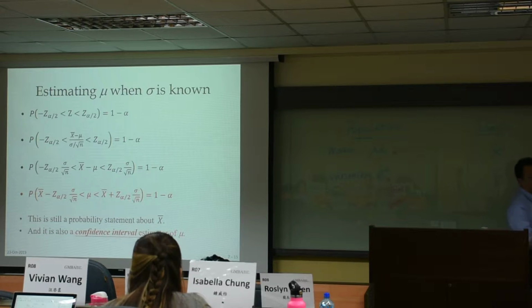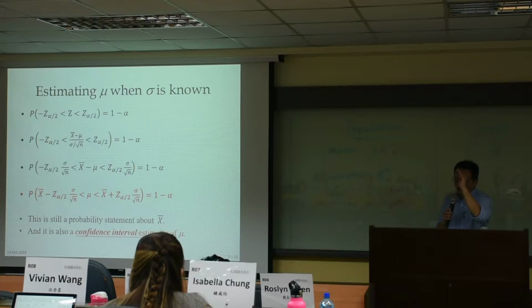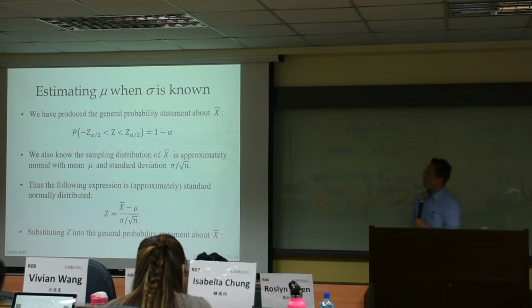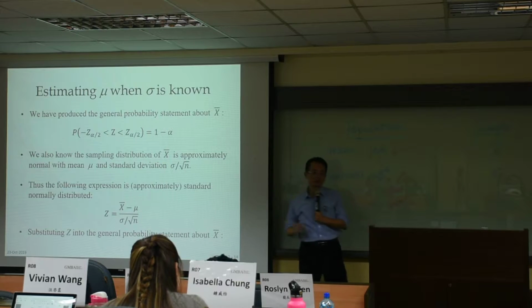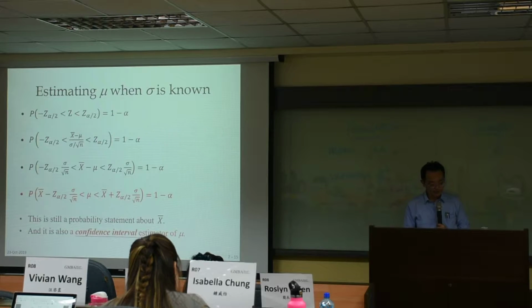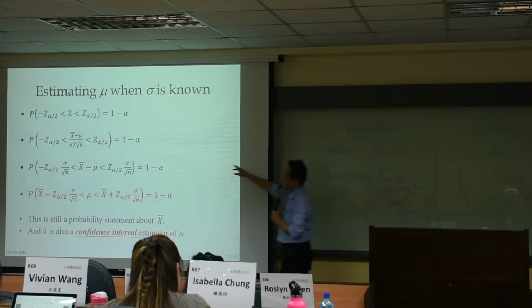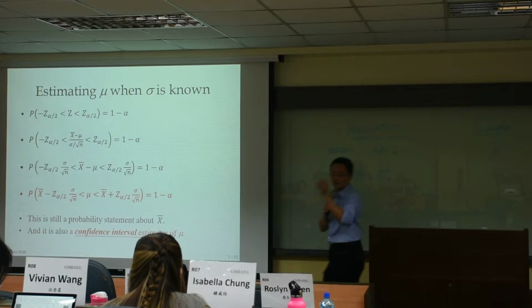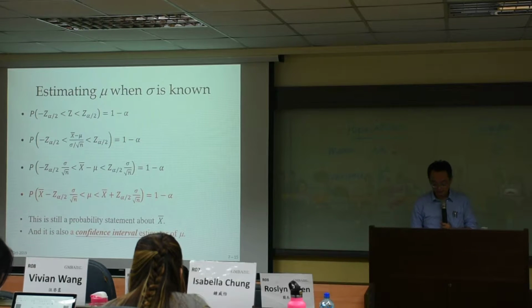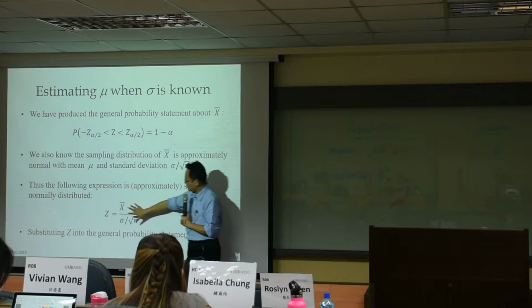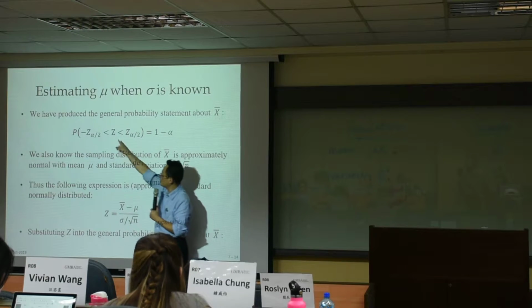So let's read this set of equations line by line. The first line is directly obtained from the previous slide, exactly the same. This is the standard normal distribution from last week. In the second line, we just replace z with the expression for the sampling distribution of x bar, putting it into this place.